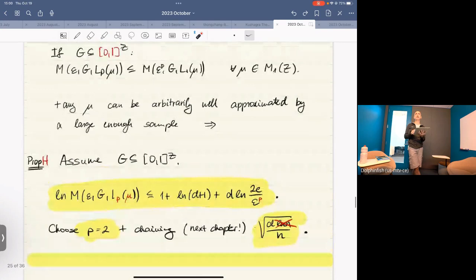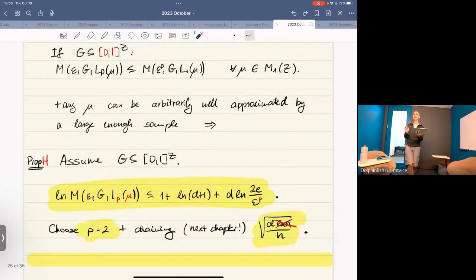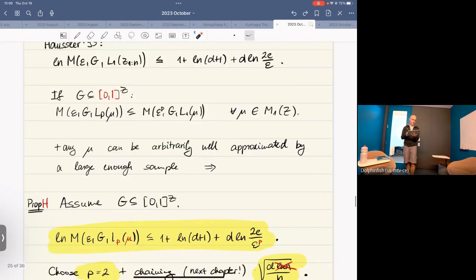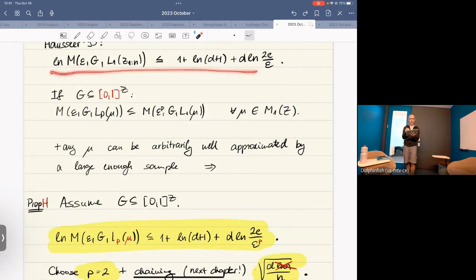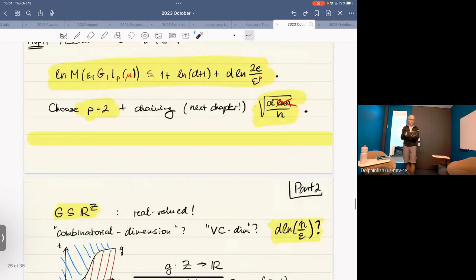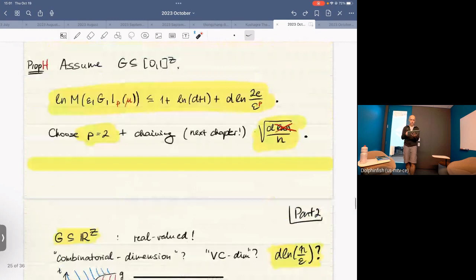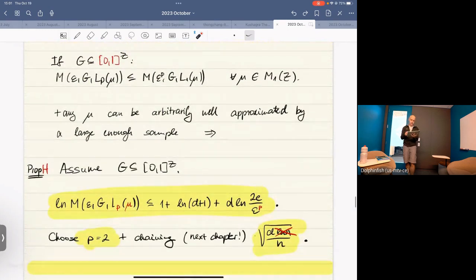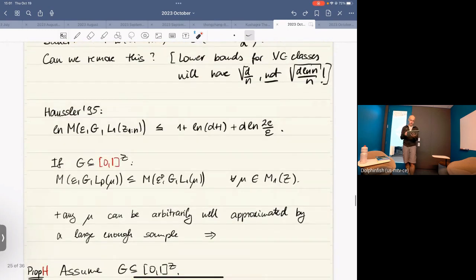So these two parts, you should be able to do after some thinking, and something close to this is proven in the book. It's just a page-long proof. It's not that complicated.